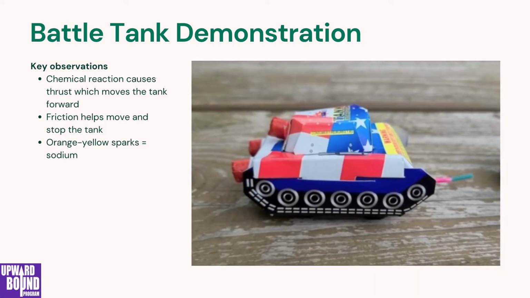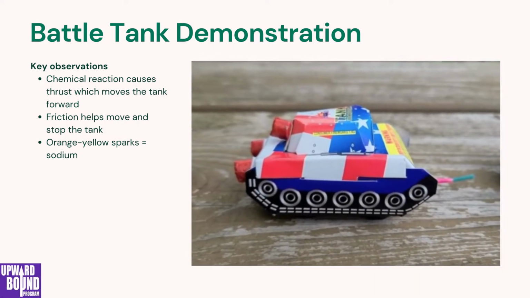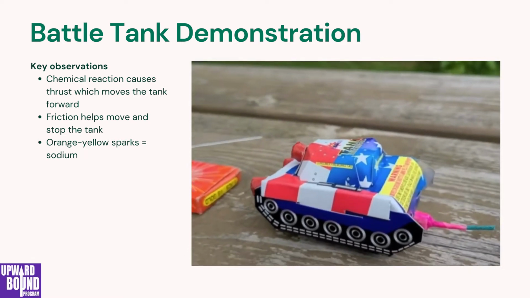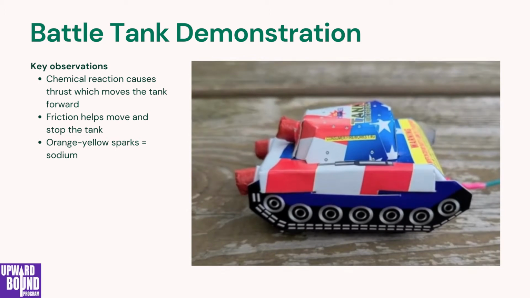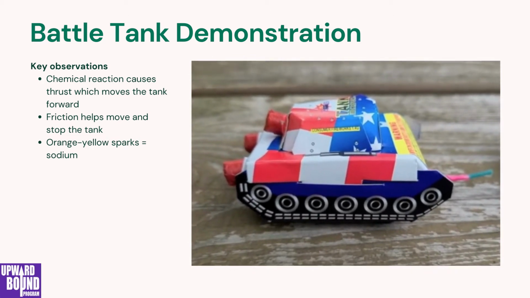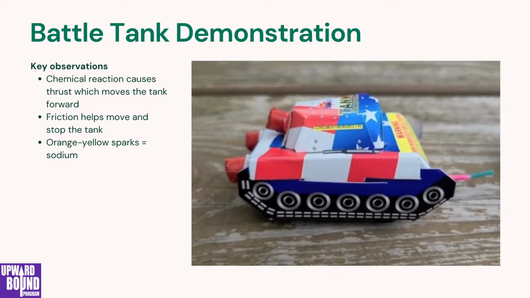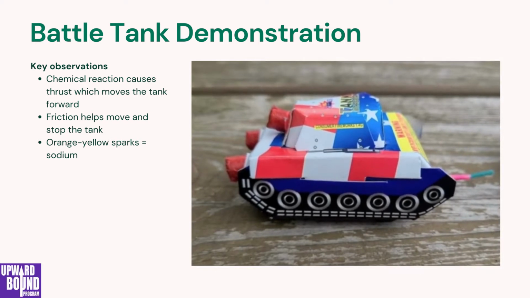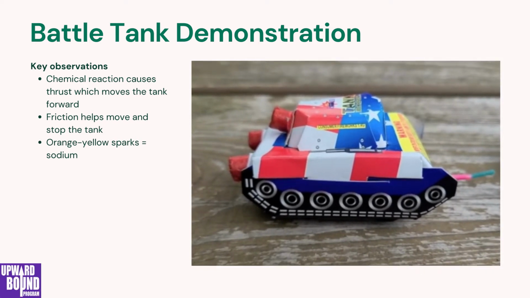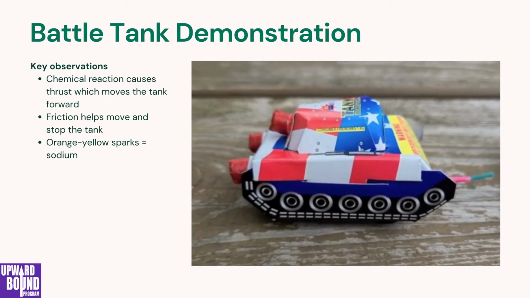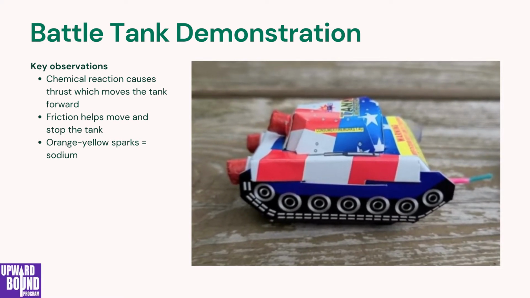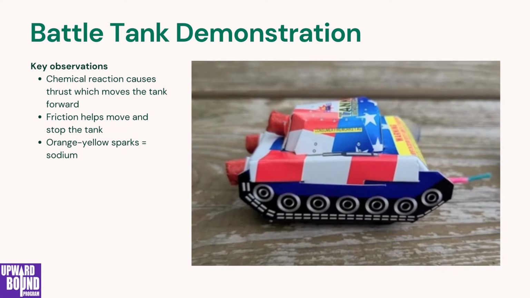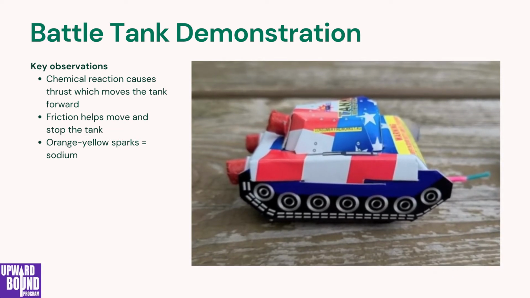Next, we're going to take a look at this little tank. This tank gets lit on one end. Once it gets lit, the gunpowder starts to burn and starts to provide thrust, which moves the tank forward. Now the tank is experiencing different forces: friction, gravity, and the thrust force is going to be enough to overcome the force of friction, and it's going to move forward.